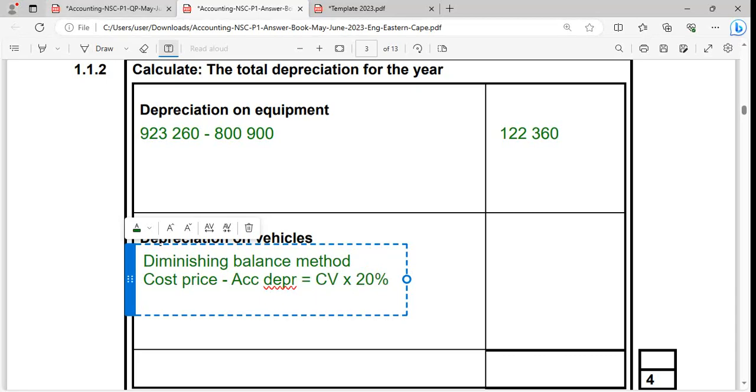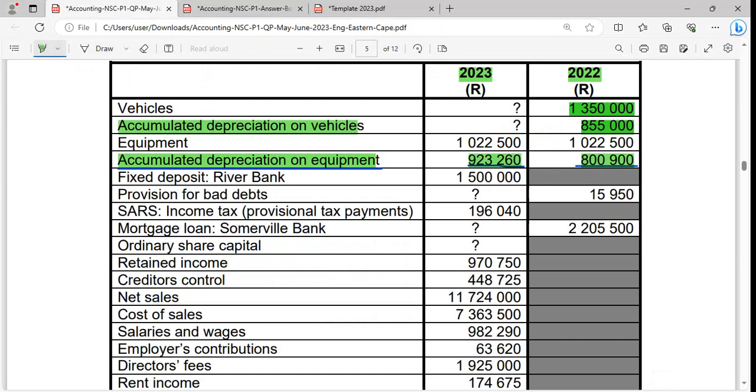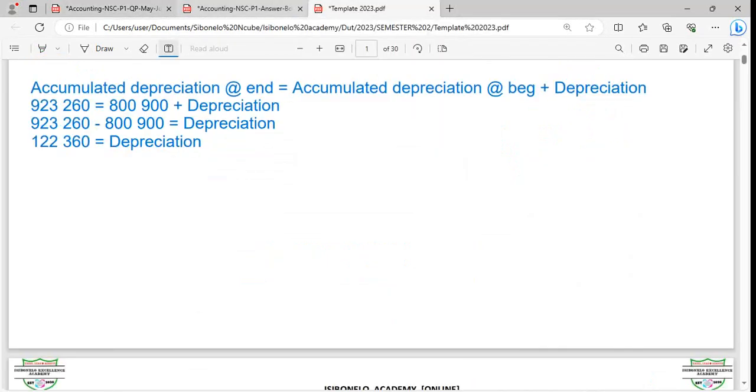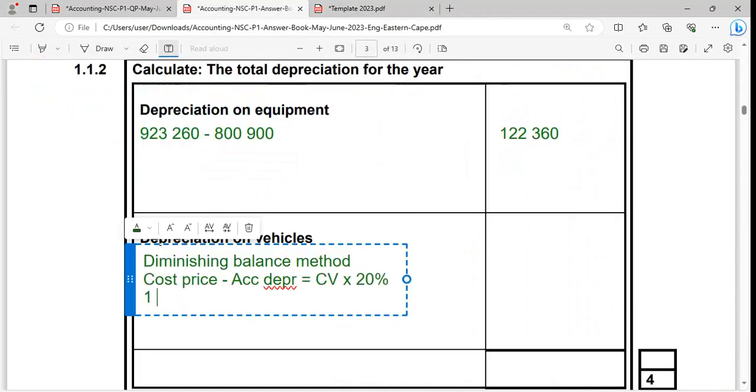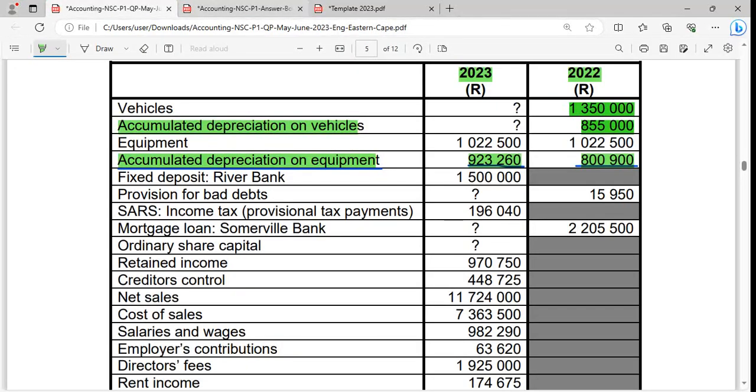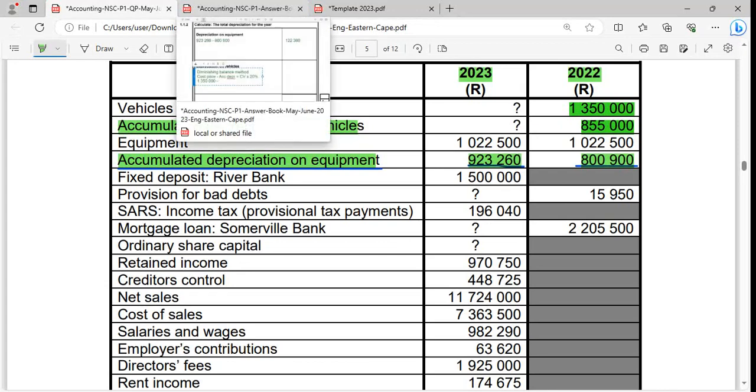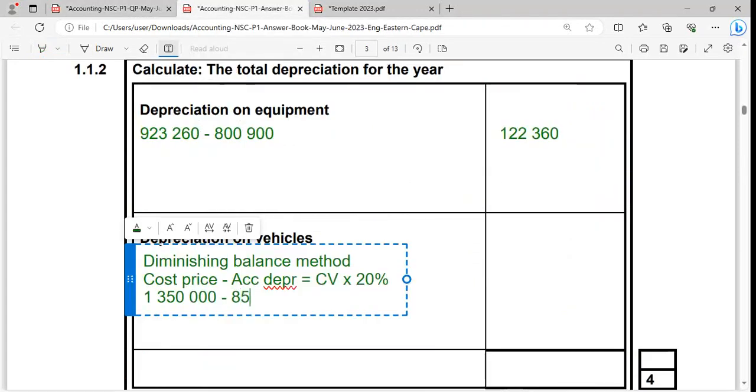So the cost of all the vehicles is 1,350,000. So 1,350,000 minus the accumulated at the beginning, which is 855,000. Then the carrying amount, how much is it?